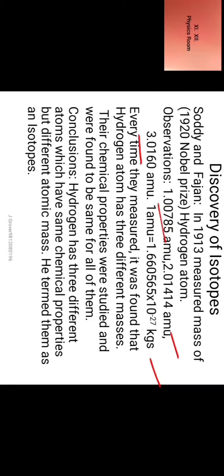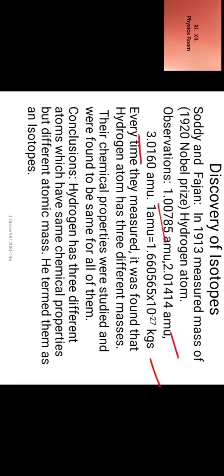Then they decided to study their chemical properties, and they found that these are same for all of them.